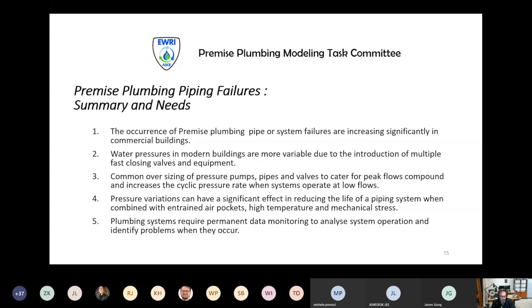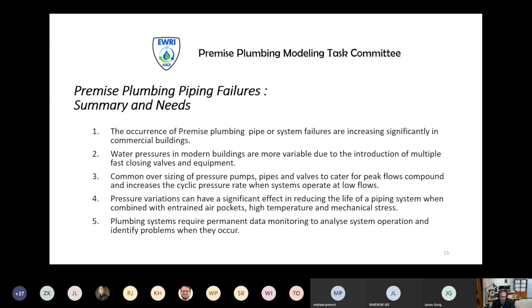Water pressures in modern buildings are more variable due to the introduction of multiple fast closing valves and equipment. Common oversizing of pressure pumps, pipes and valves to cater for peak flows compounds and increases the cyclic pressure rate when systems are operating at low flows.